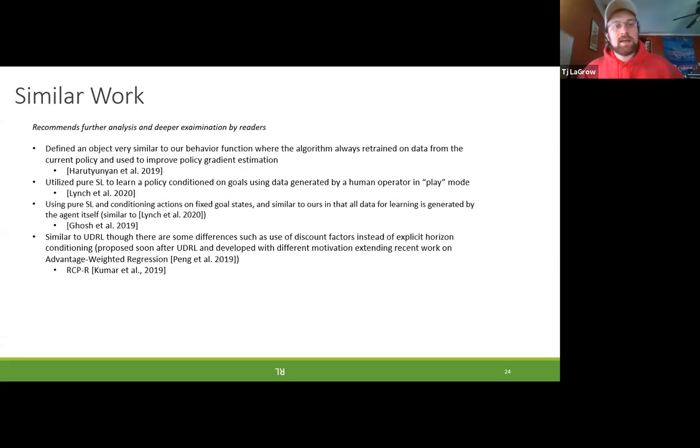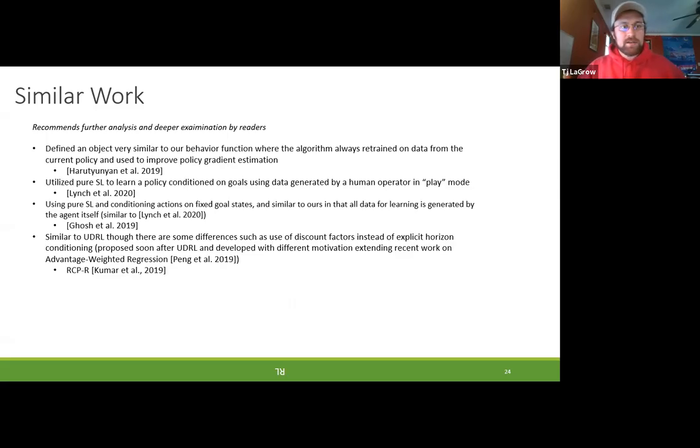They also noted that when this was published, there was very similar work being conducted as well, where different groups have defined the objective to be very similar to the behavior function that Schmidhuber has been developing, where the algorithm always retrains from data from the current policy it is using to improve the policy gradient estimation.